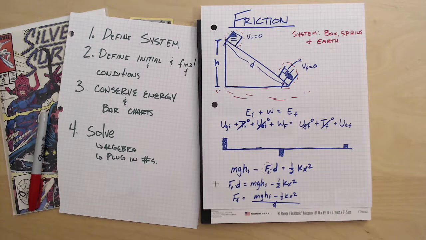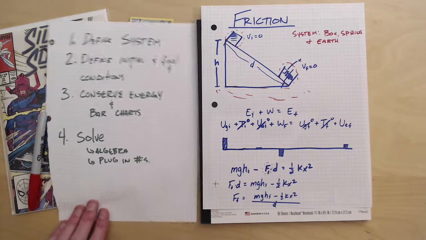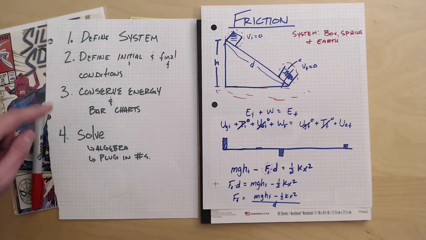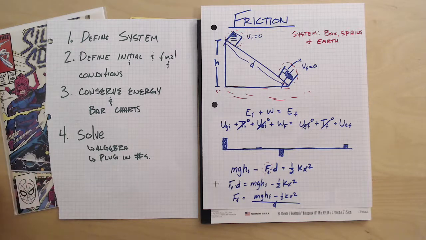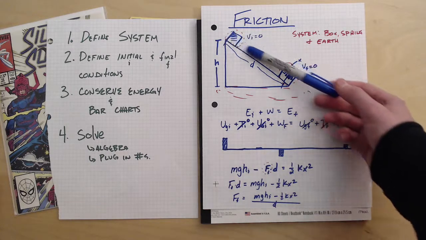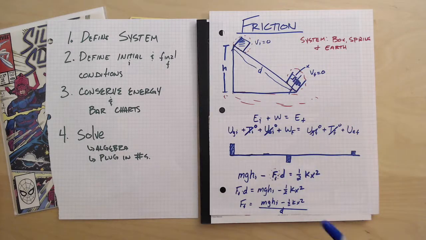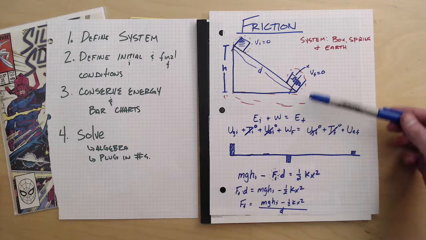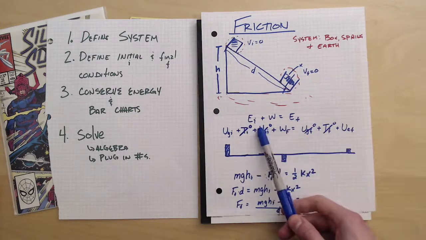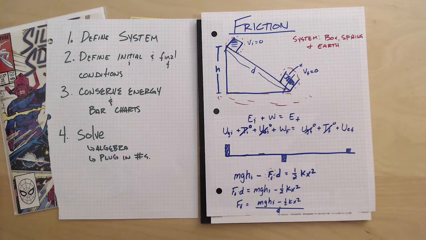So, just to review, always, we're going to follow these 1, 2, 3, 4 steps as we go through these conservation of energy equations. Okay? Today we looked at friction and how it applied to something sliding down a ramp. Step 1, we defined our system as the box, the spring, and the earth, and we defined our initial and final conditions.